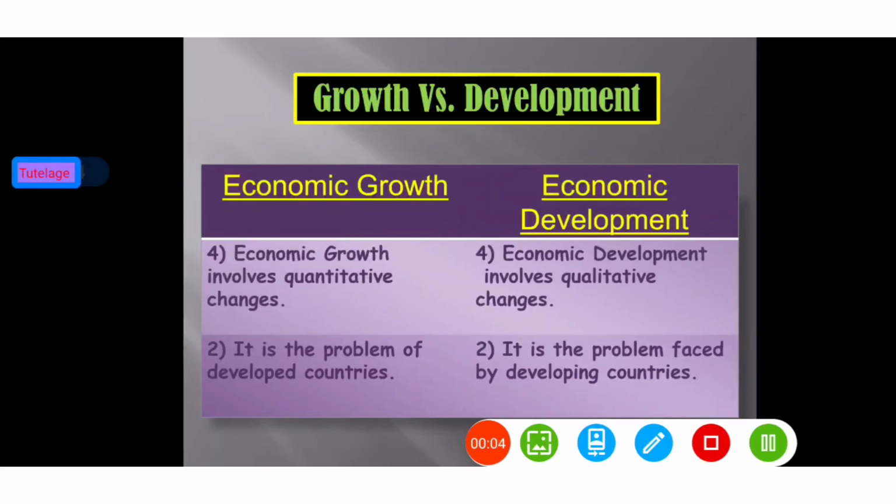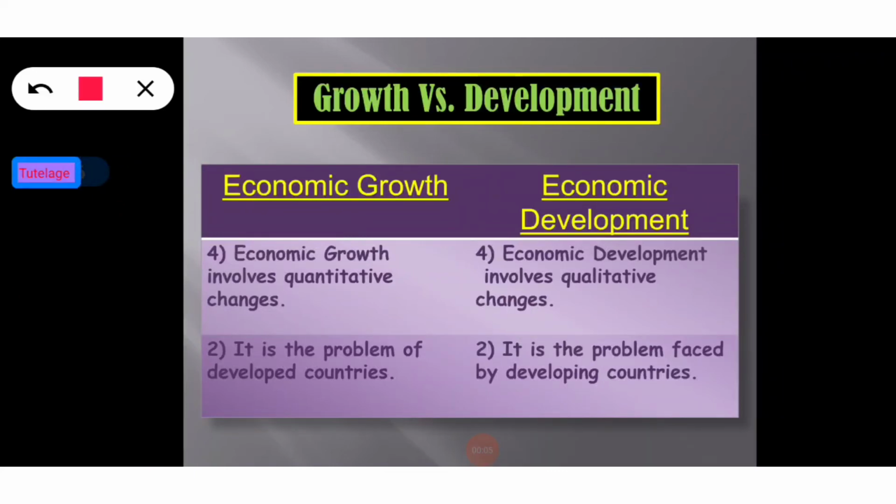Now going to the fifth point, economic growth is the problem of the developed countries, and on the other hand, economic development relates to the problems faced by the present day's developing countries. And economic growth basically differs from economic development in terms of the degree of involvement and intervention by the government also.